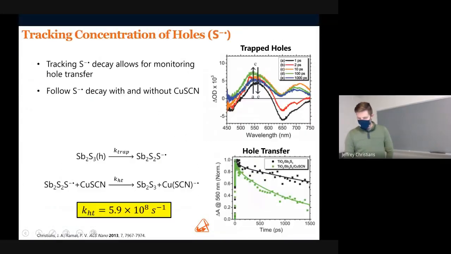Okay, so what we did is we could find actually a signal. One of these charges, the positive charge, actually absorbed light in a little bit of a different way. And we could use what's called transient absorption spectroscopy, which is basically a way of taking a really fast snapshot.